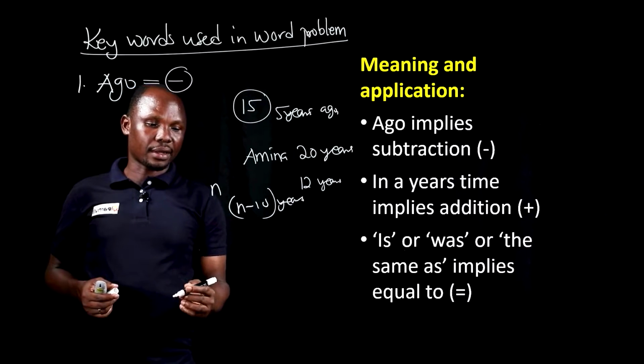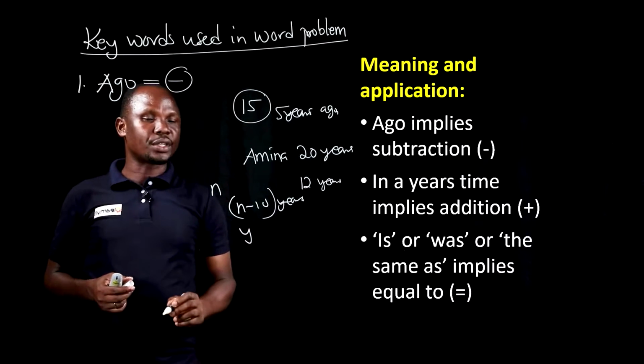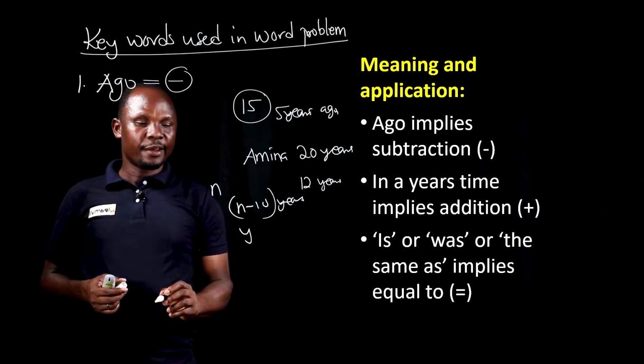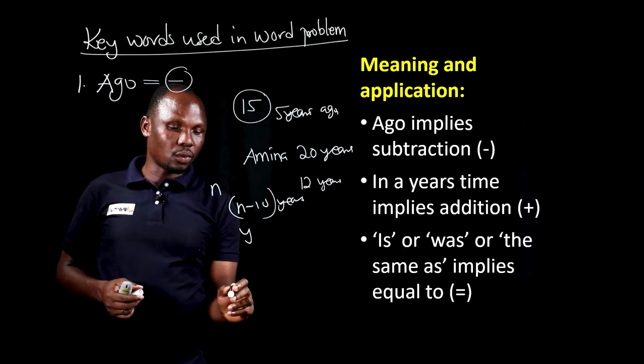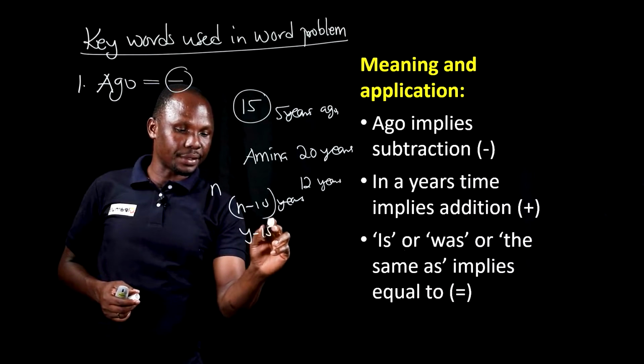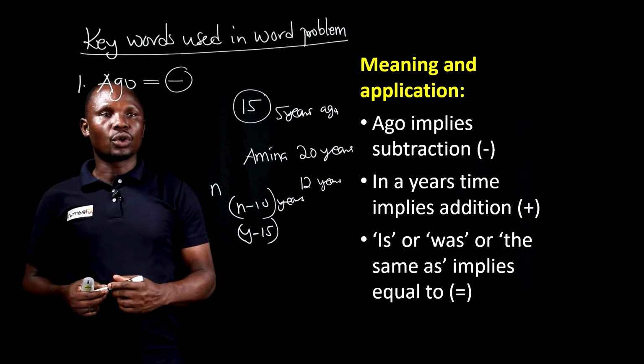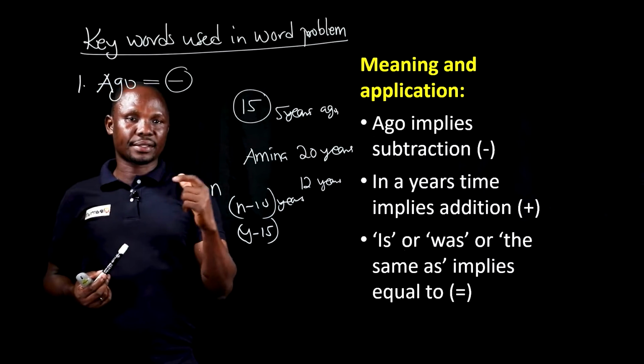If Eric is y years old now, 15 years ago, Eric's age was y minus 15. So ago means subtraction.